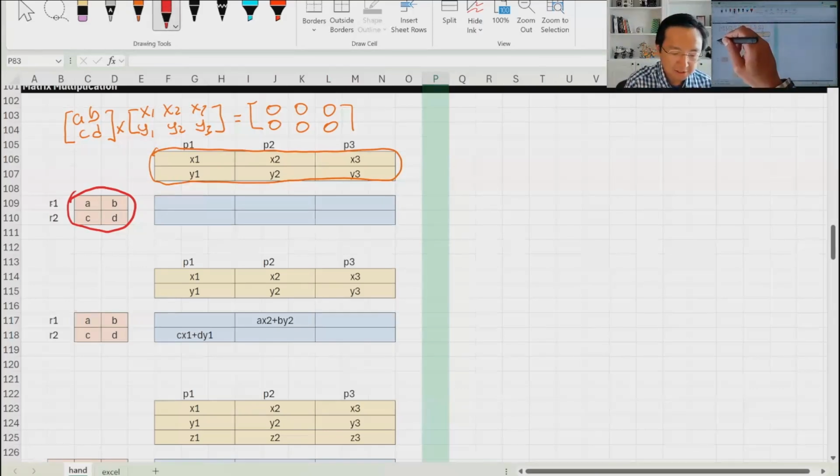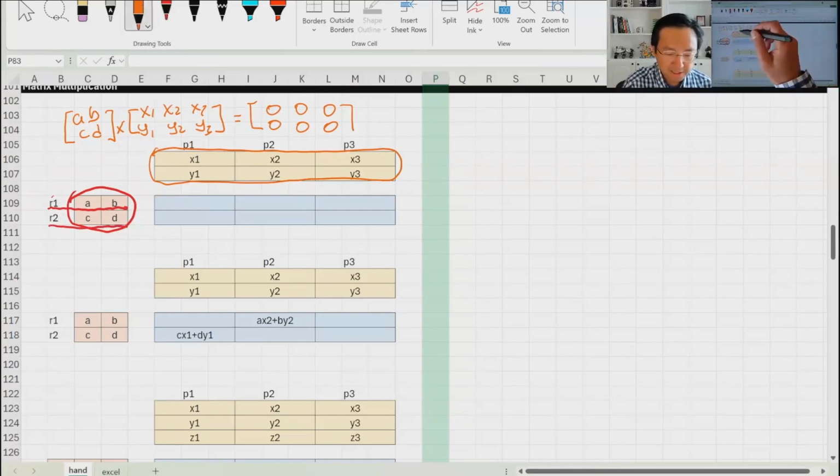Let's consider row vector R1 and row vector R2. For the other matrix, we'll use P to represent 3 points, P1, P2, P3, each with an XY coordinate. So we have a column vector here, and column vectors P1, P2, P3.